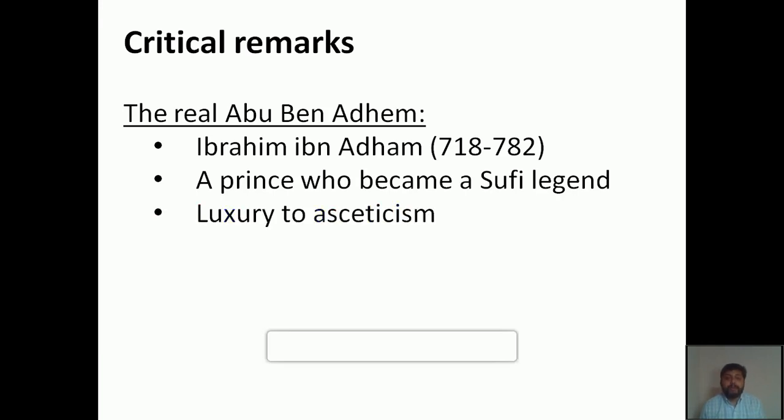But later, he left all the luxury life and started to live as a Sufi by following asceticism. So that's why this particular incident became a very famous, legendary event in the history of the Sufis. A prince who left all the worldly pleasures, all the luxury life, and started to follow asceticism and live as a Sufi, means it was something really great.